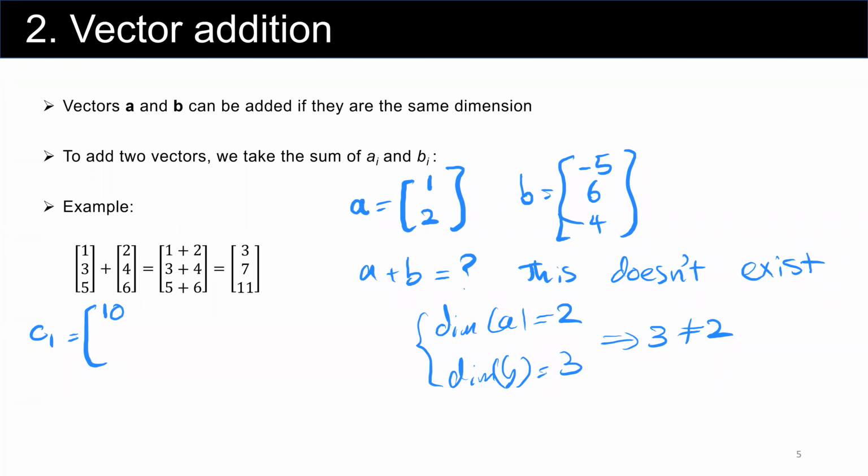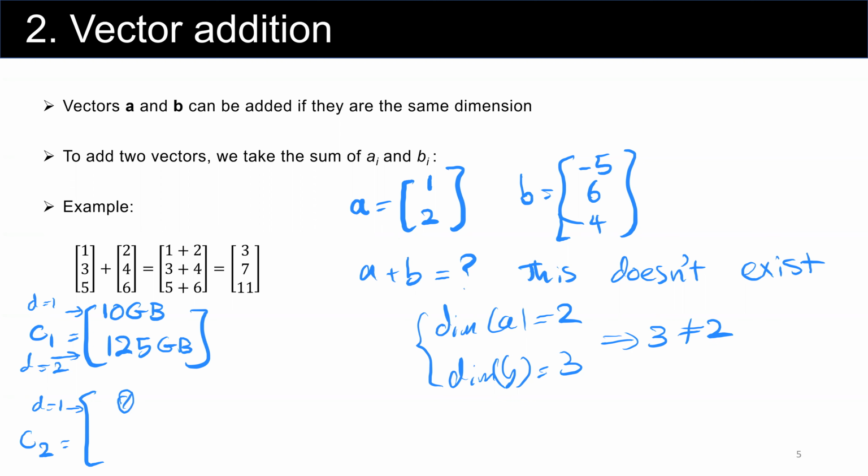It has 10 gigabytes of data at day 1, and at day 2 there are 125 gigabytes of data stored on computer 1. Then you have computer 2. At day 1, computer 2 stored 0 gigabytes of data. Probably we had less data.